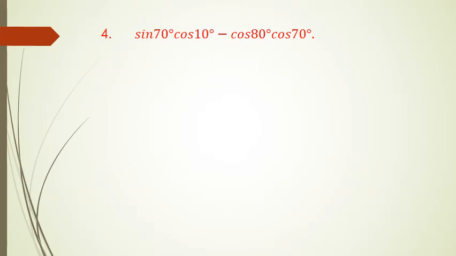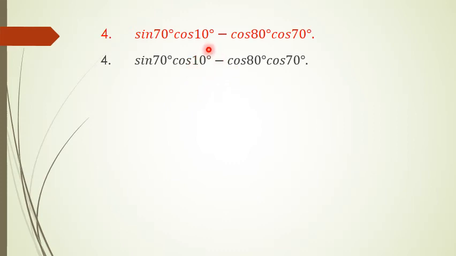Question number 4. Sine 70 degrees cos 10 degrees minus cos 80 degrees cos 70 degrees. Now looking closely at the expression, we see that they are all acute angles. But then we have 3 angles. We need only 2. So we must reduce one of them using co-angles.